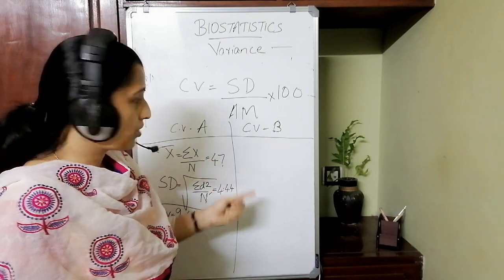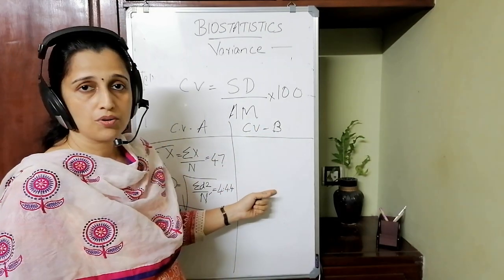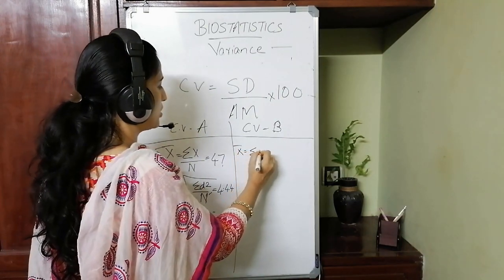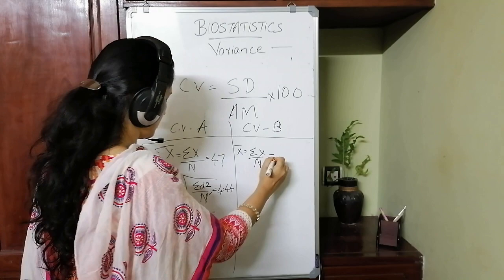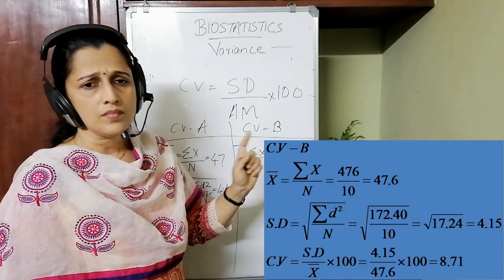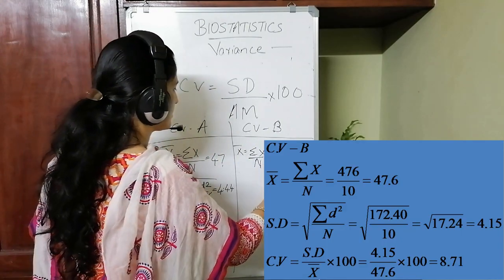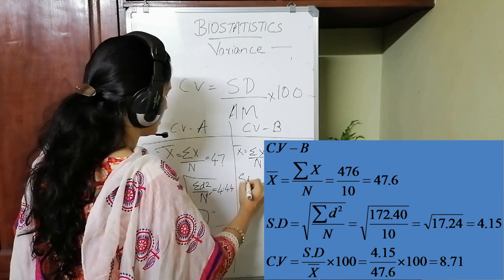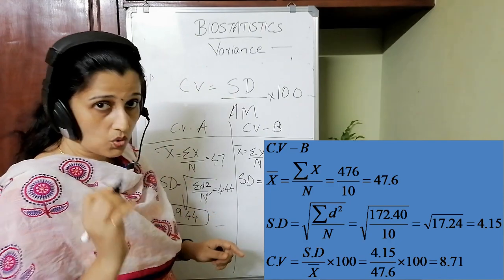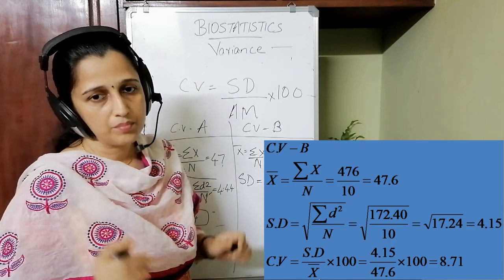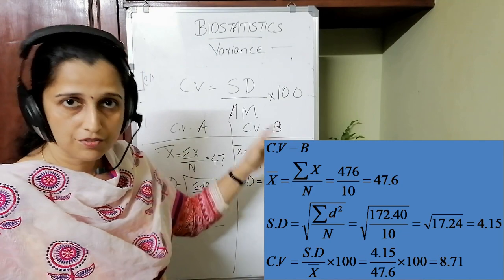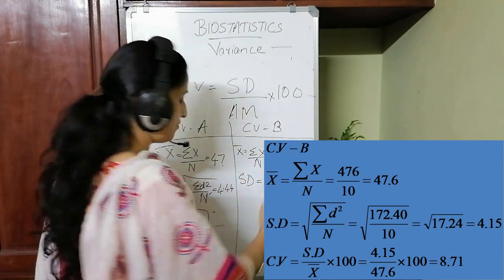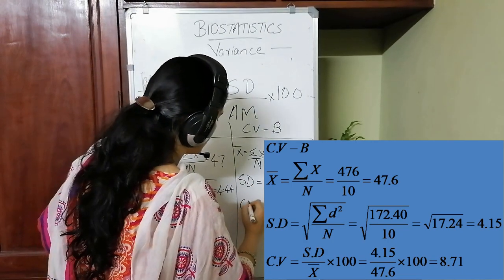Now again you have to find the coefficient of variance, or CV, for rat B. In this case, the arithmetic mean is equal to sigma x by n, and that is equal to 47.6. Then standard deviation is equal to the square root of sigma d square divided by n, and the standard deviation for B is 4.15. And you have to compute the CV.